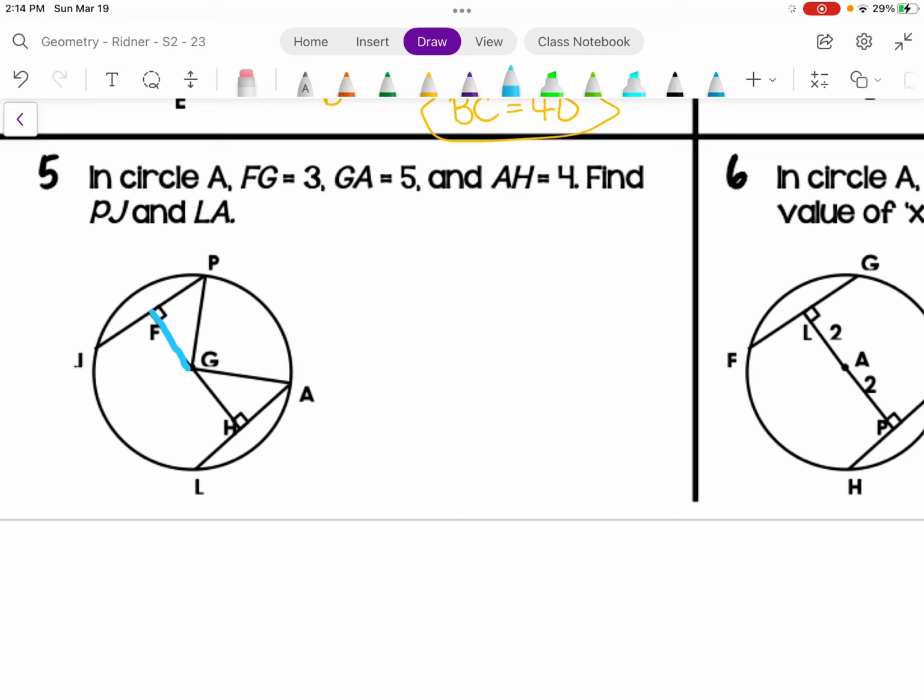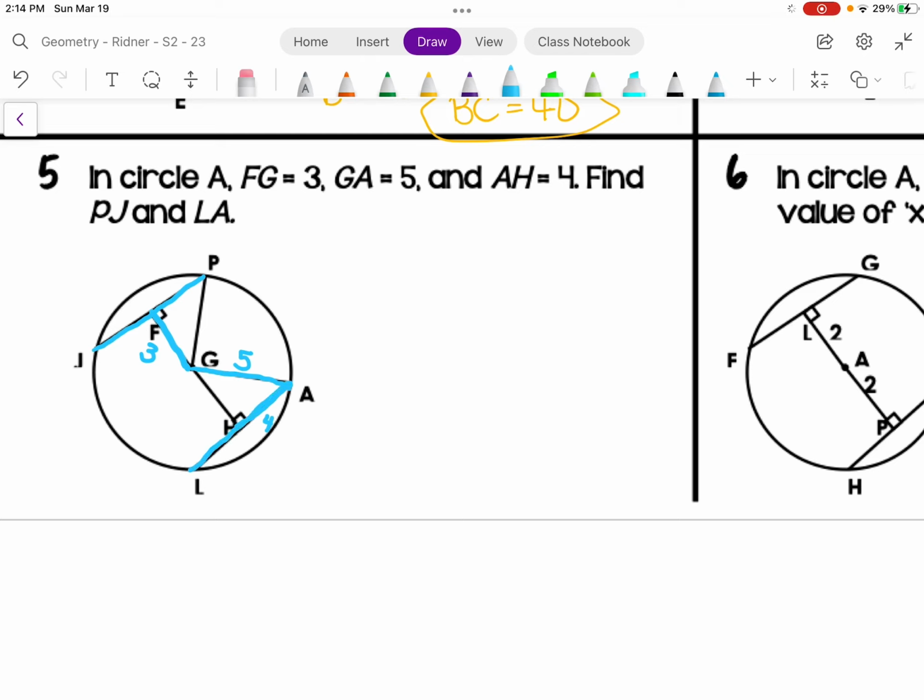FG is 3, GA is 5, and AH is 4. We want to find PJ and LA.